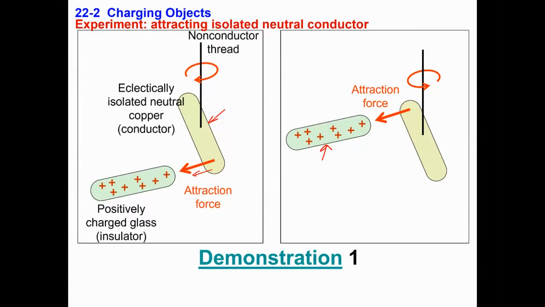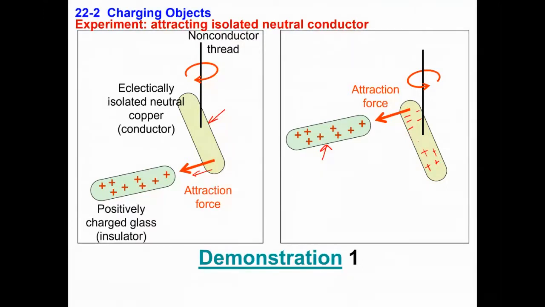Okay, so here what we are having, we said a conductor has free electrons. Originally the conductor was neutral. But when you bring the positive charge close to it, the positive charges will attract the free electrons, so they will accumulate here, leaving behind positively charged atoms or molecules here, and this will cause the attraction between the glass rod and the metal rod.